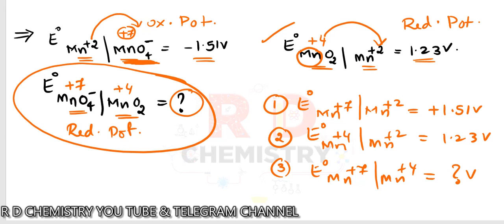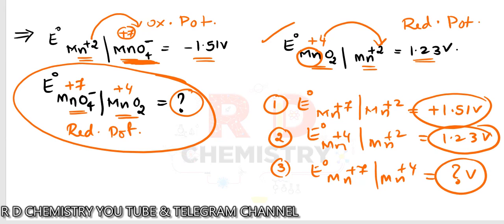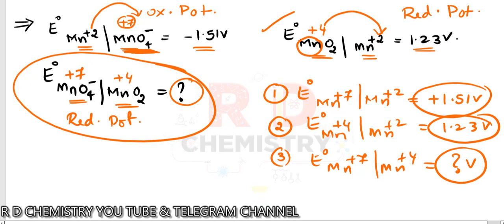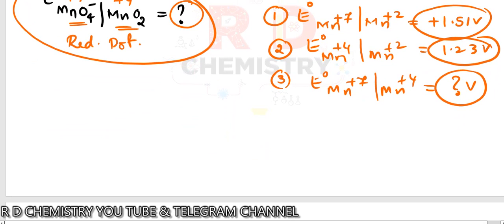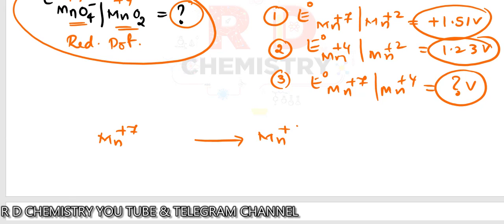See the values, these are the values I'm going to make use of, not directly but in the form of delta G, that is the Gibbs free energy change. So I'll start with the maximum oxidation state. Mn plus 7 becomes Mn plus 2, the lowest state.